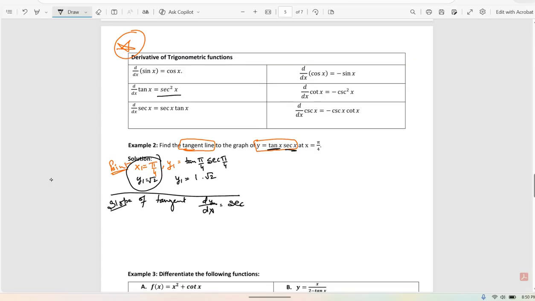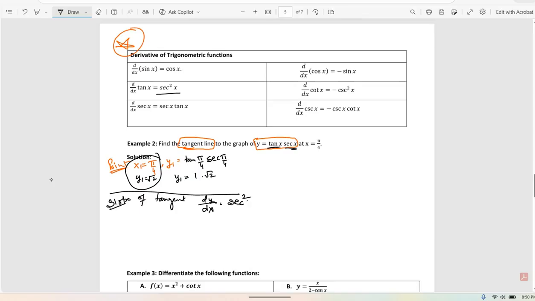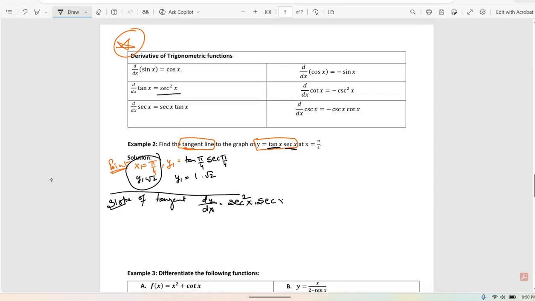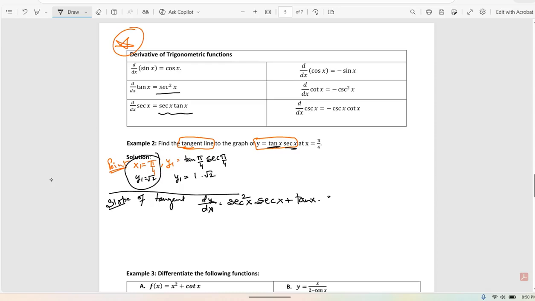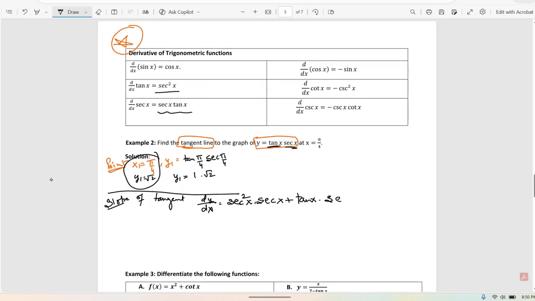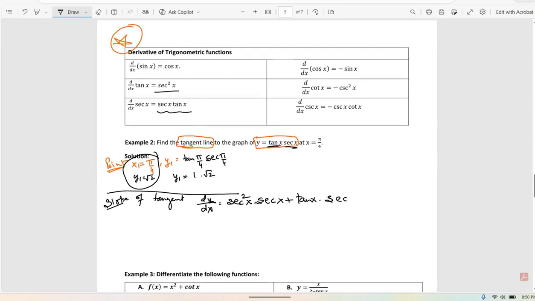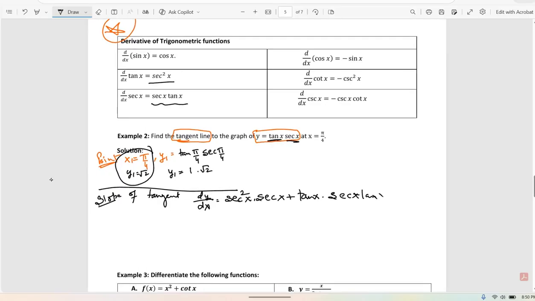Secant square x times secant x as is plus tangent x as is, derivative of secant x. What is the derivative of secant x? Secant x tangent x. Okay. So what do we have? Secant cube x plus tangent square x secant x.